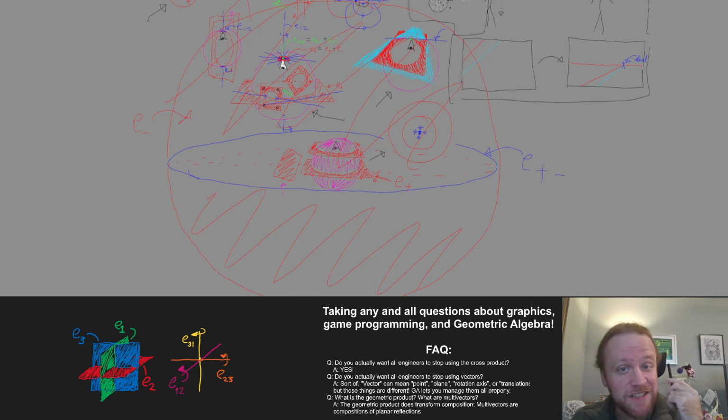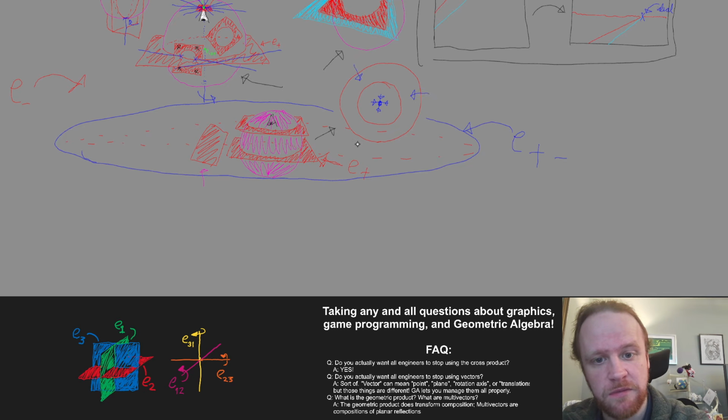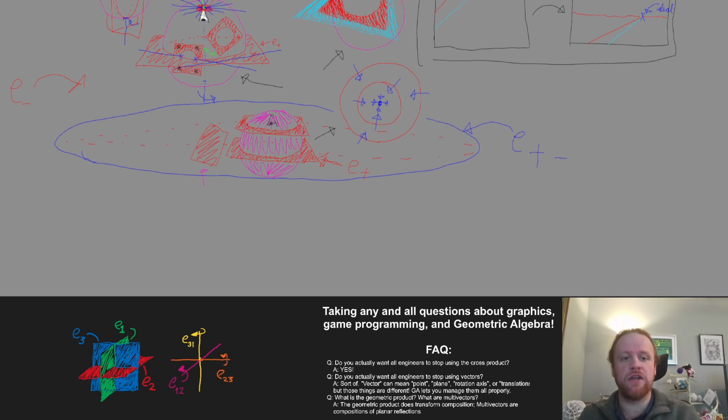And E plus minus is a thing that we care about a lot because we were interested in, what if I reflect in this circle and then I reflect further in this circle? And the answer is I scale towards the origin, and that's what E plus minus does, scales towards the origin. Which is to say that the origin is an invariant of the transformation related to E plus minus.